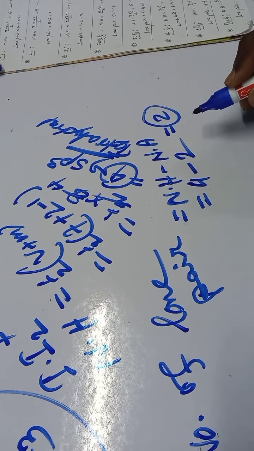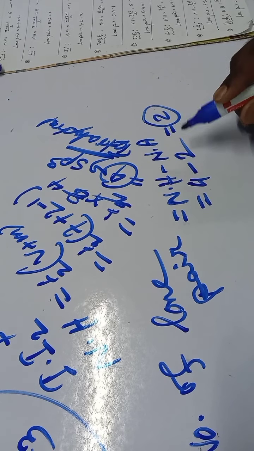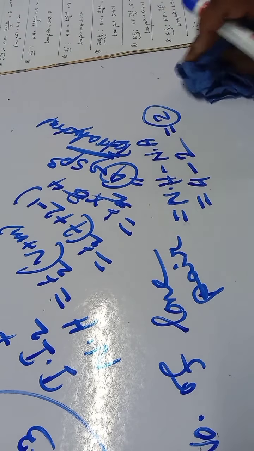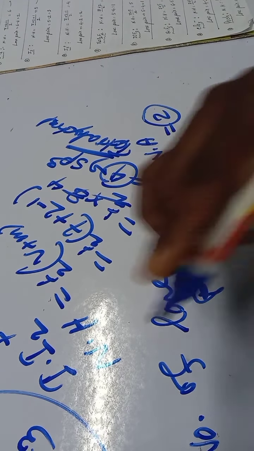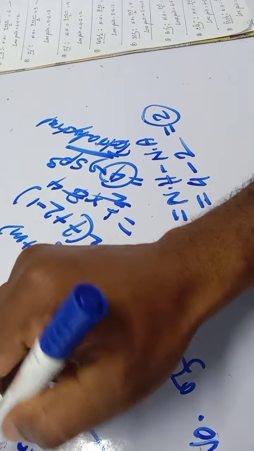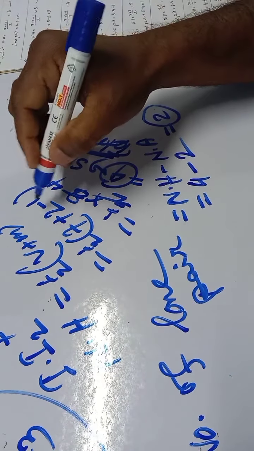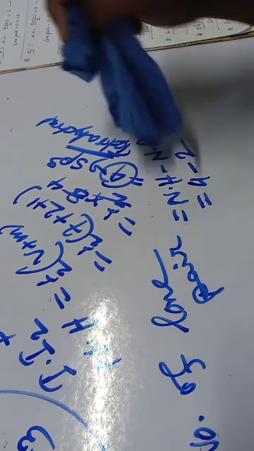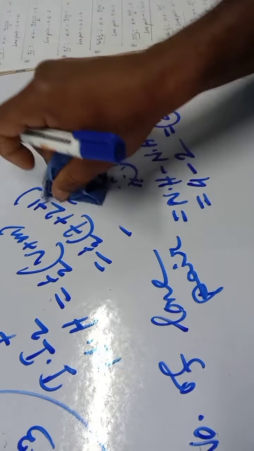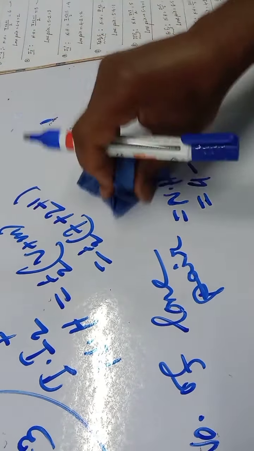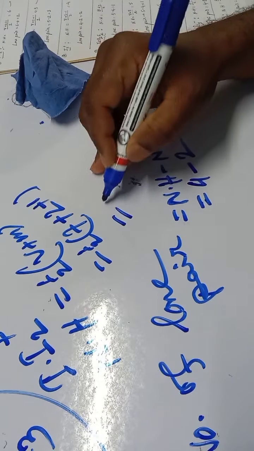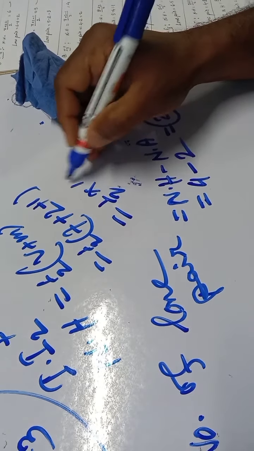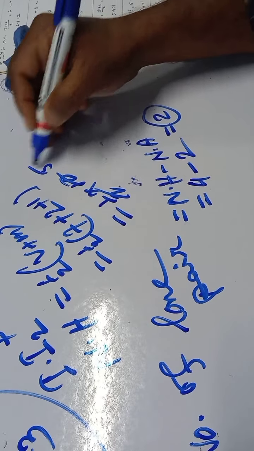The number of lone pair is 2. For the previous one, similarly, the number of lone pair: half into 10, that is 5.